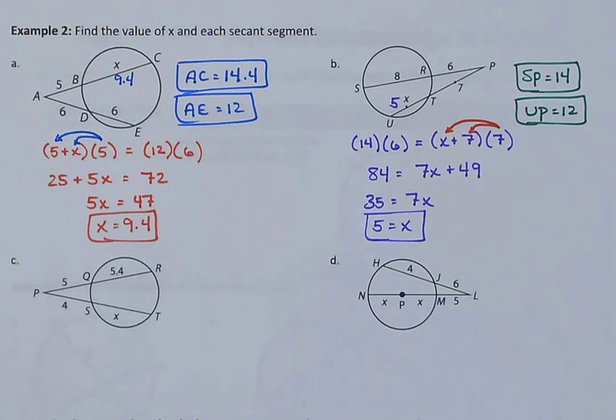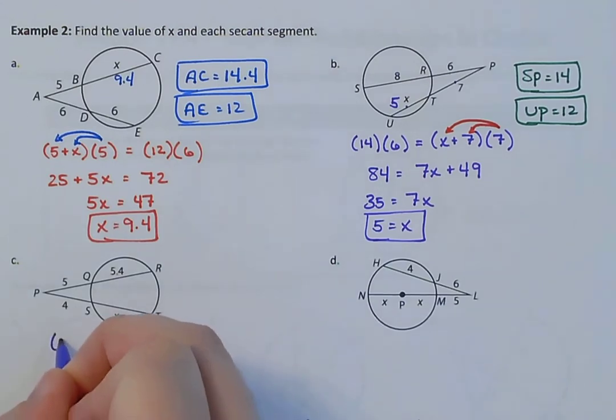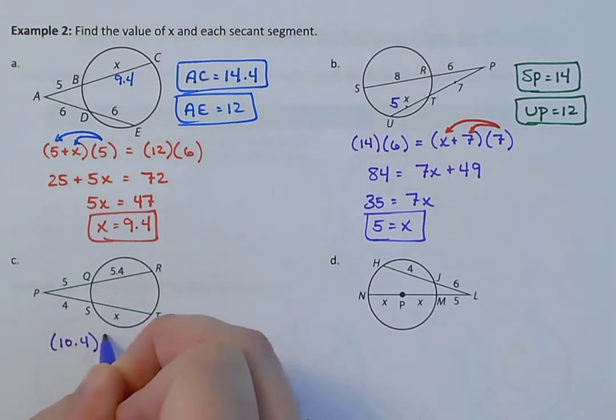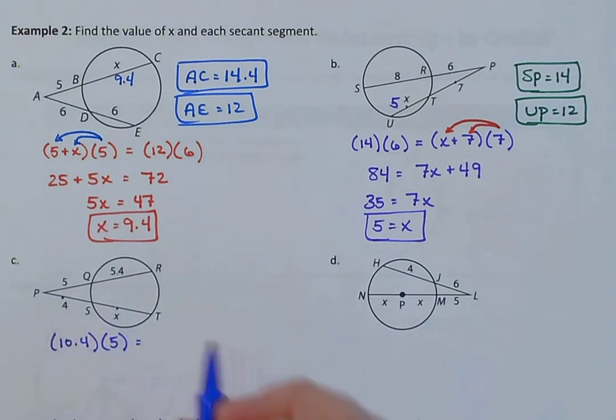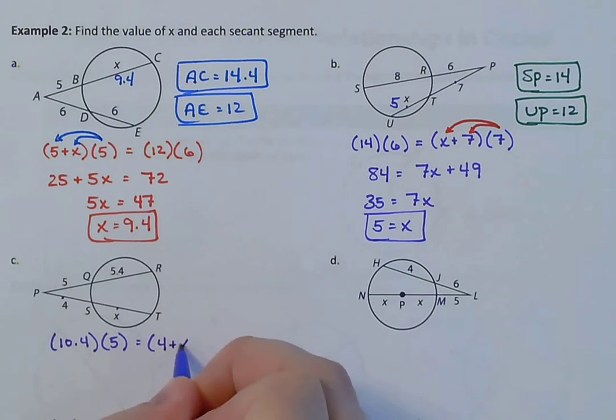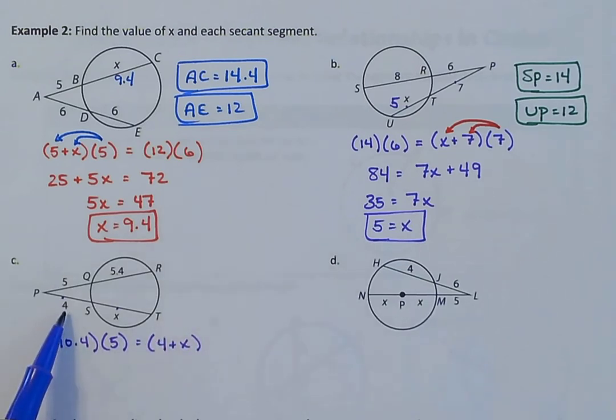Now, parts C and D are much of the same thing as A and B. I'm not going to run through them in full detail just because it's repetitive, but I will help you set them up. So if we look at C, we're going to take the secant, which is the whole thing, so the 5 plus 5.4, which is going to give us 10.4 times its external, which is 5, equals the other secant, which is 4 plus x, times the external part, which is 4.